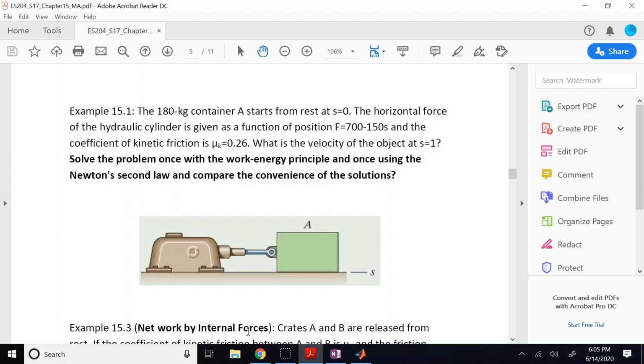You are starting it from rest, or zero velocity, when the position S is 0. The force of the hydraulic cylinder here is not constant. It does change, and you expect that. It says the force of the hydraulic cylinder is equal to 700 minus 150 S.